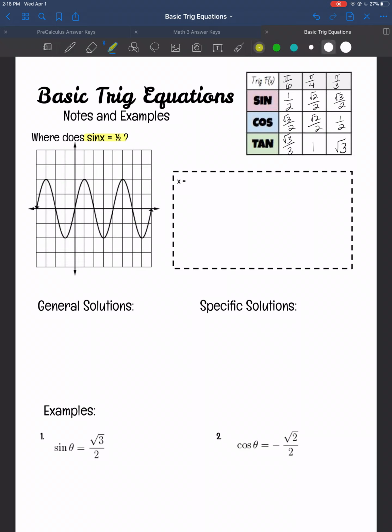So I have drawn for you here just the basic trig graph. 0 up to 1, back to 0, down to -1, back to 0. That's graphed for just one period. And then I'm going to add to that graph the line y equals a half.